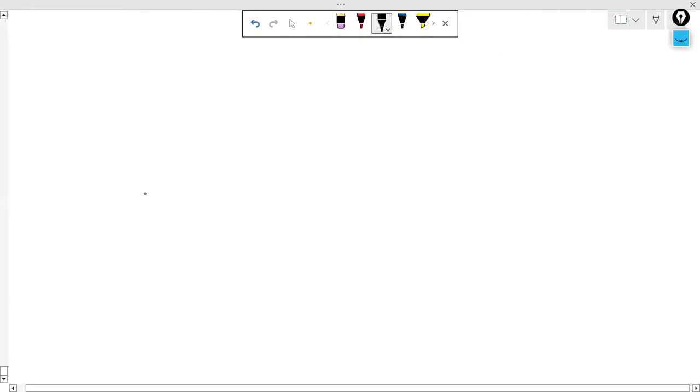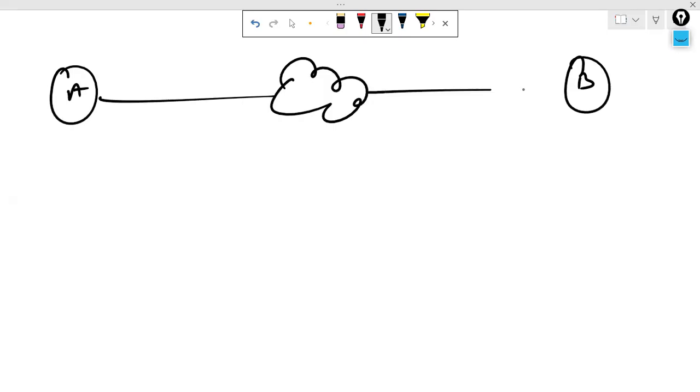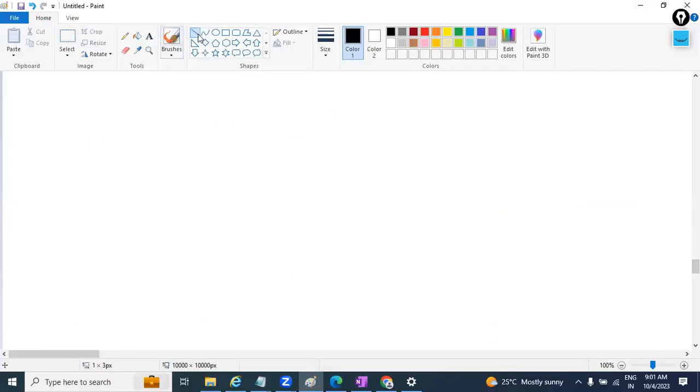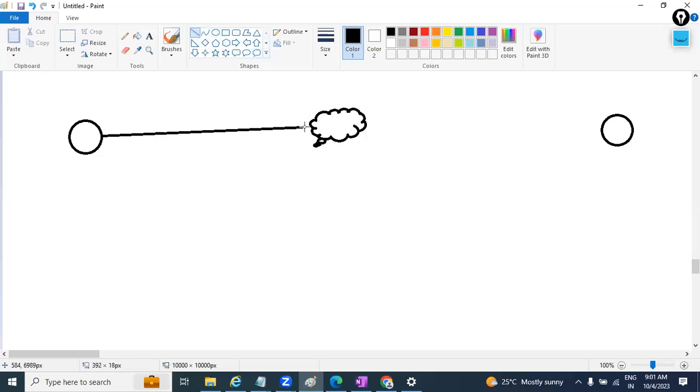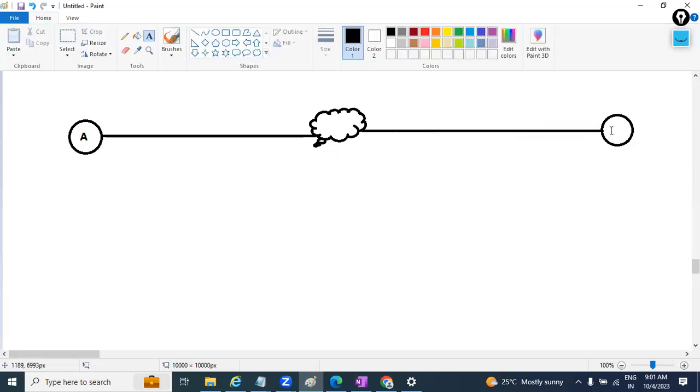Okay, this is site A. Note, this is site A. This is site B, connected over the ISP, over the internet.